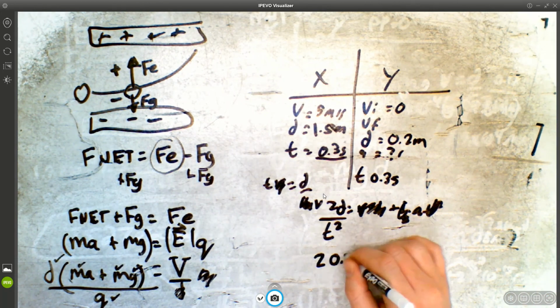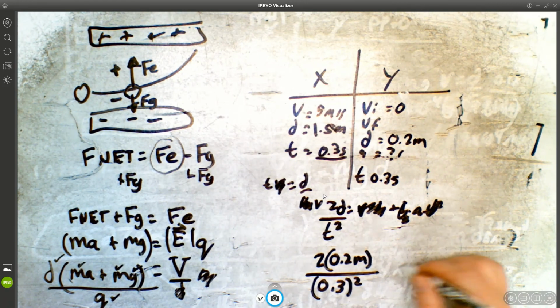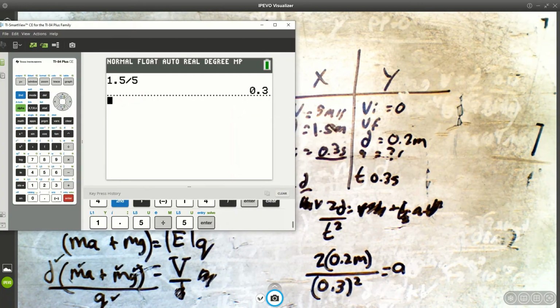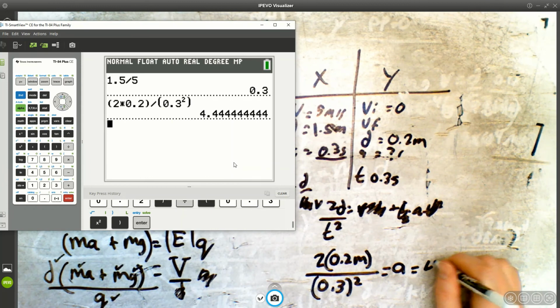So 2 times 0.2 meters divided by 0.3 squared, and that'll give us our acceleration. So let's find our acceleration. 2 times 0.2 divided by 0.3 squared. And we get our acceleration to be 4.4 repeated.